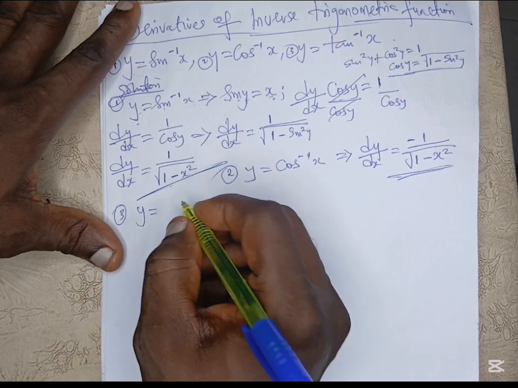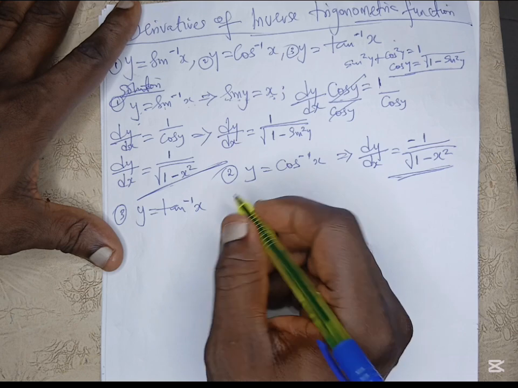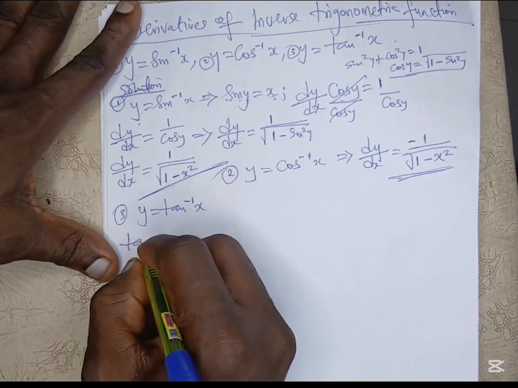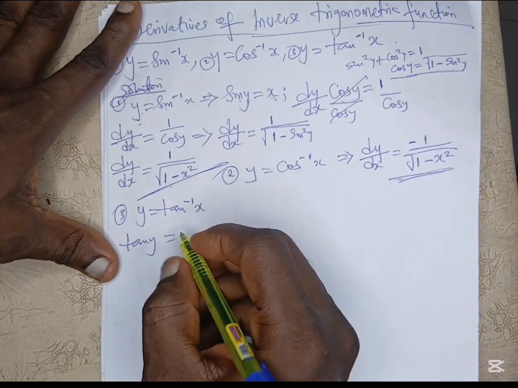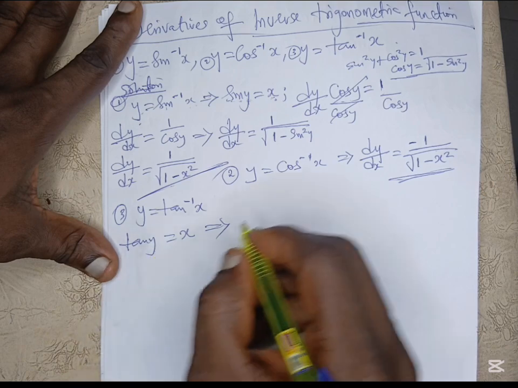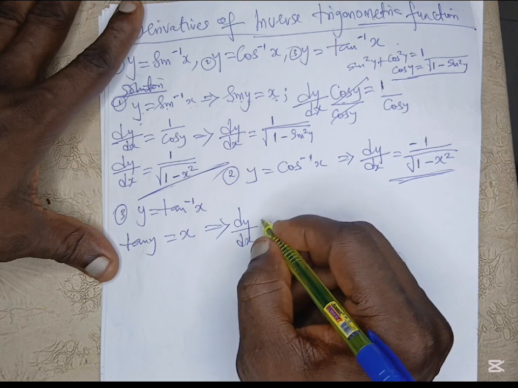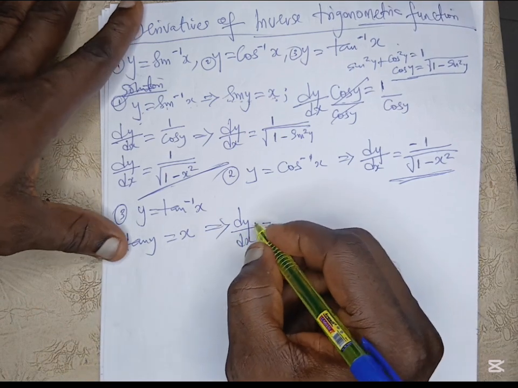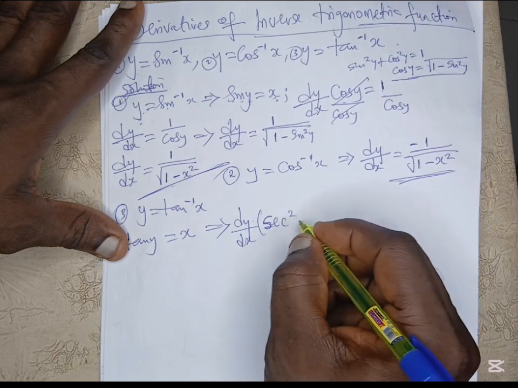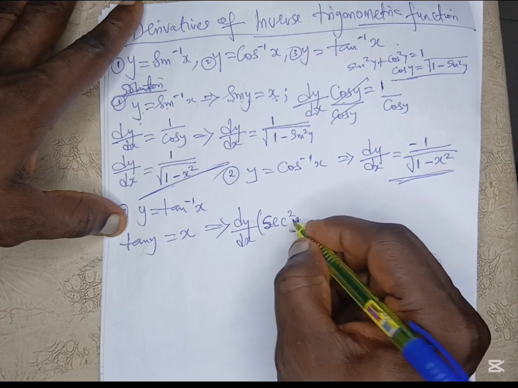y equals tan inverse of x. So the same way, we say tan y is equal to x, which implies that if you differentiate tan y, you have dy/dx times sec squared y.